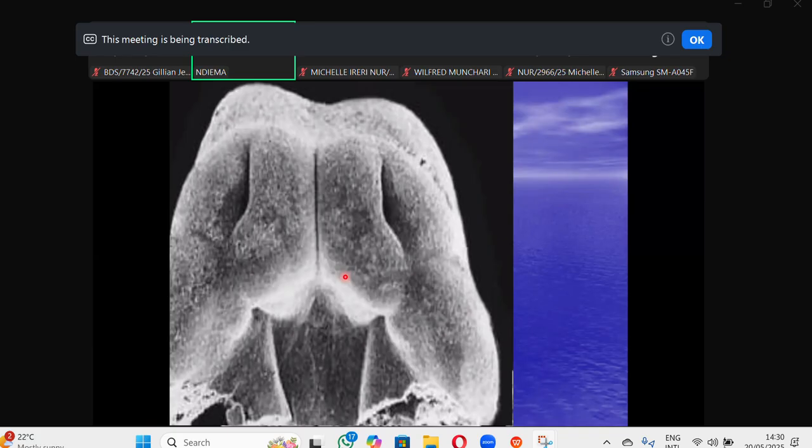The oronasal membrane eventually degenerates by the 7th week, and when it degenerates, there's complete opening of the two nostrils into a common opening that we refer to as the primary choana. The primary choana opens directly posterior to the primary palate.